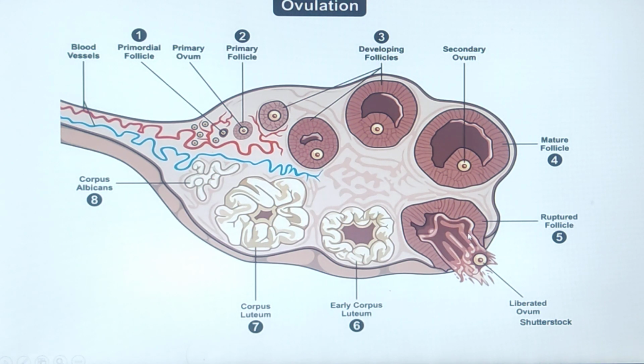After ovulation, the Graafian follicle empties itself and forms a yellowish structure called the corpus luteum. If fertilization does not occur, it is going to shed itself. That is called corpus albicans.